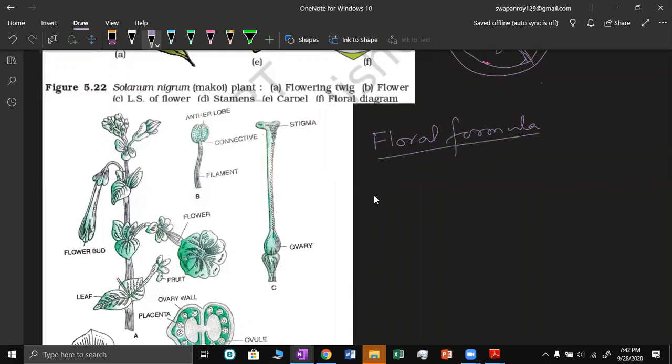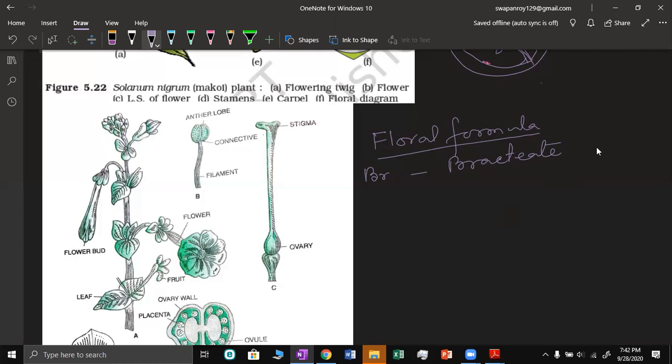And in the floral formula, some of the characters are written. If the flower is bracteate, BR is written for bracteate flower. Okay, the flower is bracteate.